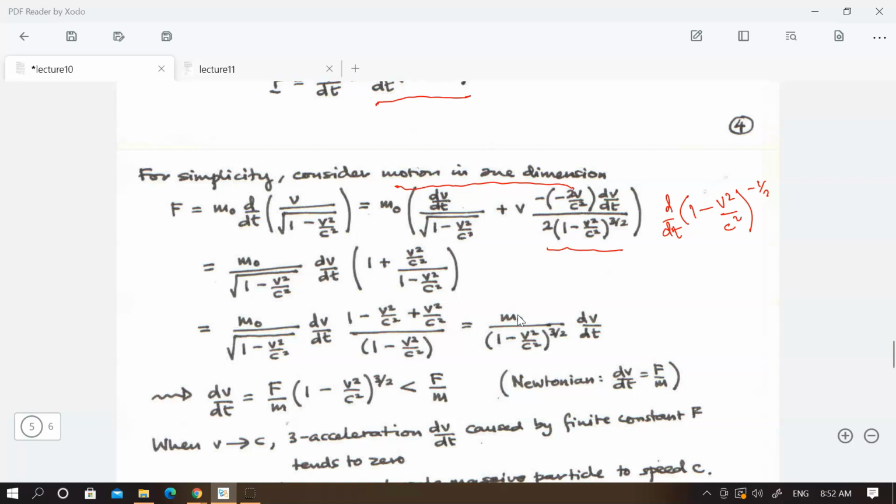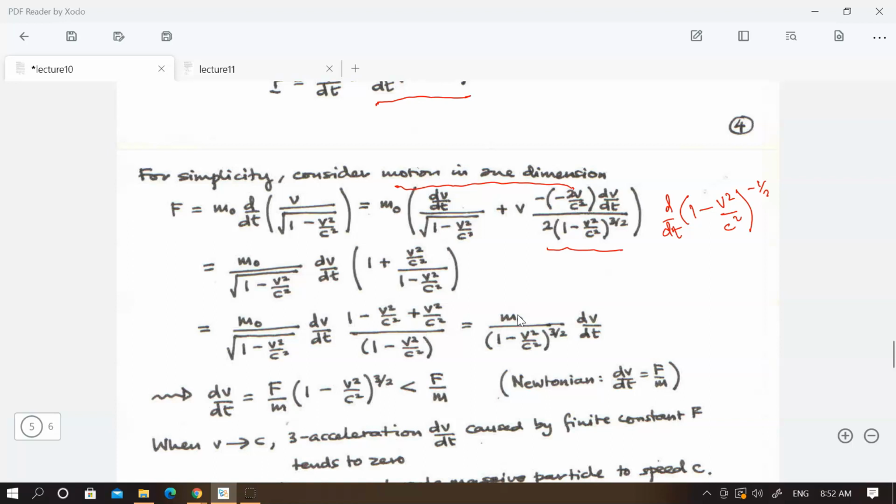You can see that in both terms over here, you have the common term dv/dt. You can bring it outside. Also, you have a common term of the square root here, which has the power of 3 over 2, so you can bring part of it out.